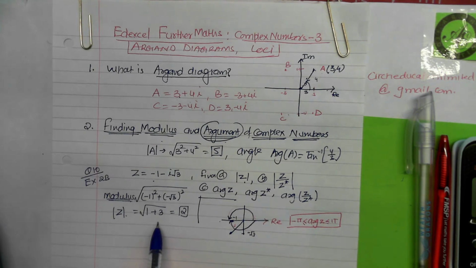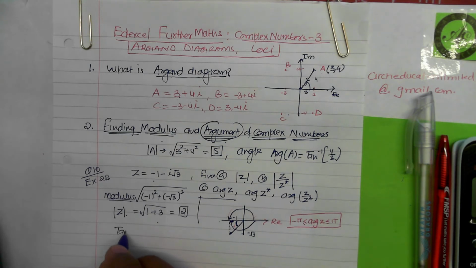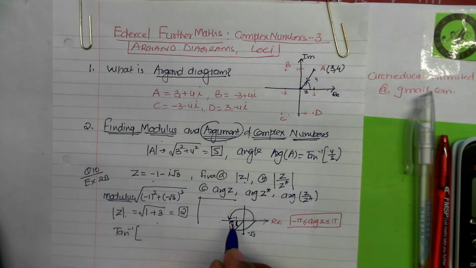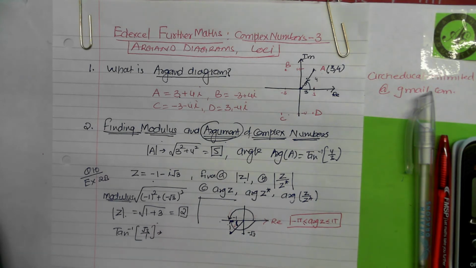So in this particular case, guys, we'll be looking for this angle, then take that away from 180 degrees or pi, then write the final answer. Okay, so let's work out this angle, people. This will be tan inverse of root 3 over 1, which gives me, if I remember correctly, obviously you can use a calculator, 60 degrees, or pi by 3.